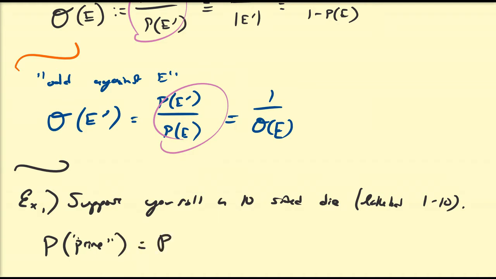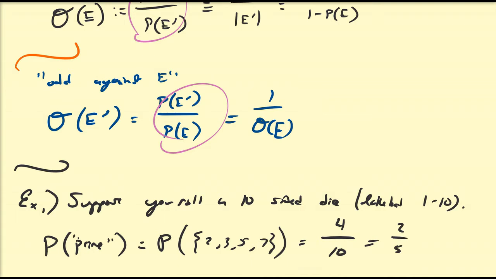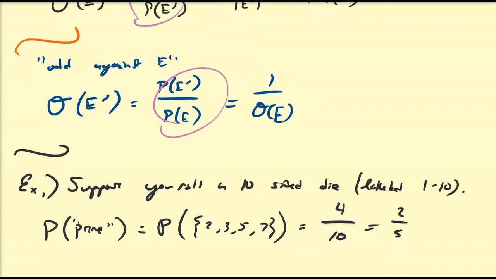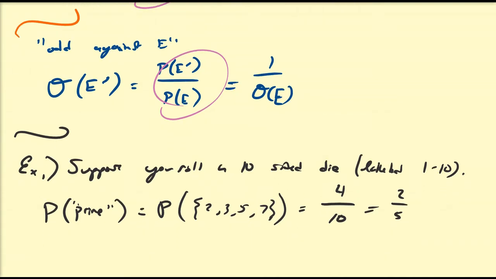So this is the probability of the event 2, 3, 5, 7. 11 is the next prime number, so these are the only things that we need to consider. All right? So there's only 4 events in this, so that's going to be 4, and the sample space has 10 elements, 10. So that means the probability is going to be equal to 2/5. So that's the probability of obtaining a prime number by rolling a 10-sided die.